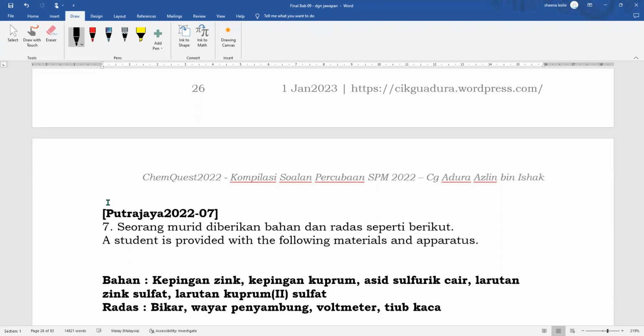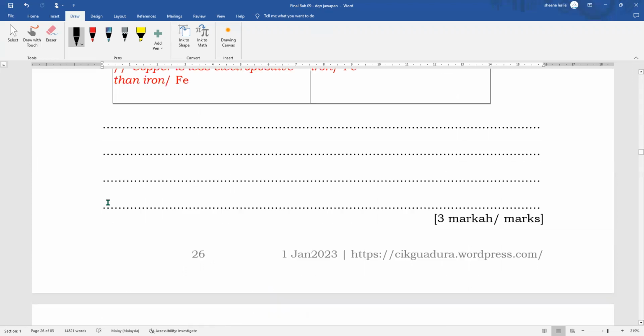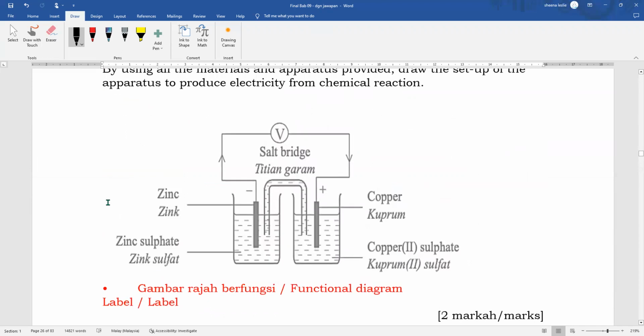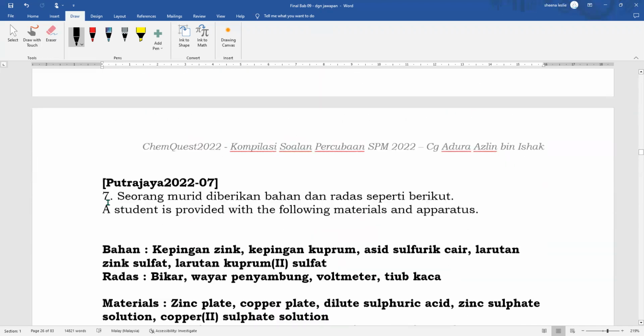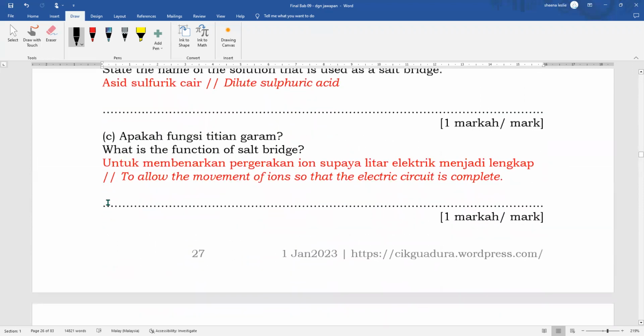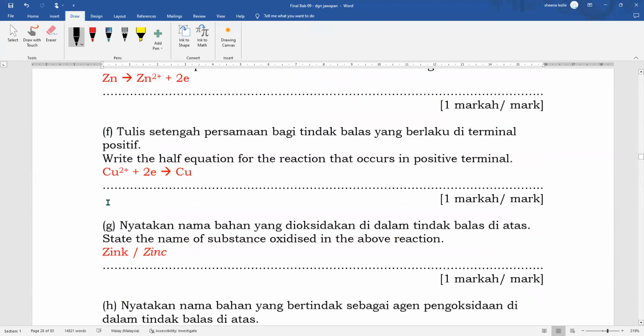But half structure only, right? Is it part of another question? No, Teacher. It's one whole question. Oh no, this is a structure. Sorry, this is a structure. Putrajaya 2021, Teacher.